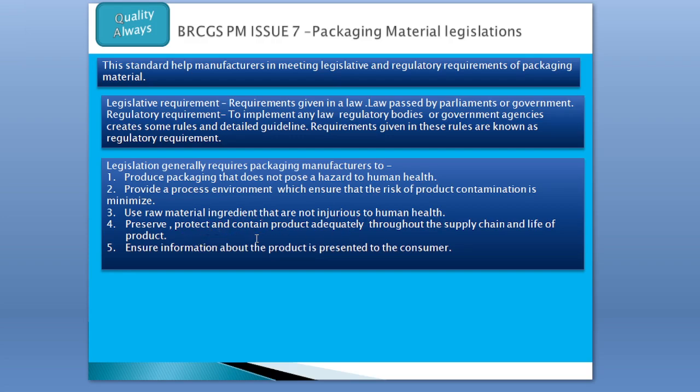It must preserve, protect, and contain the product adequately throughout the supply chain and life of the product, and ensure that information about the product is presented to the consumer. So by complying with all these requirements, the standard helps organizations comply with the legislative requirements also.